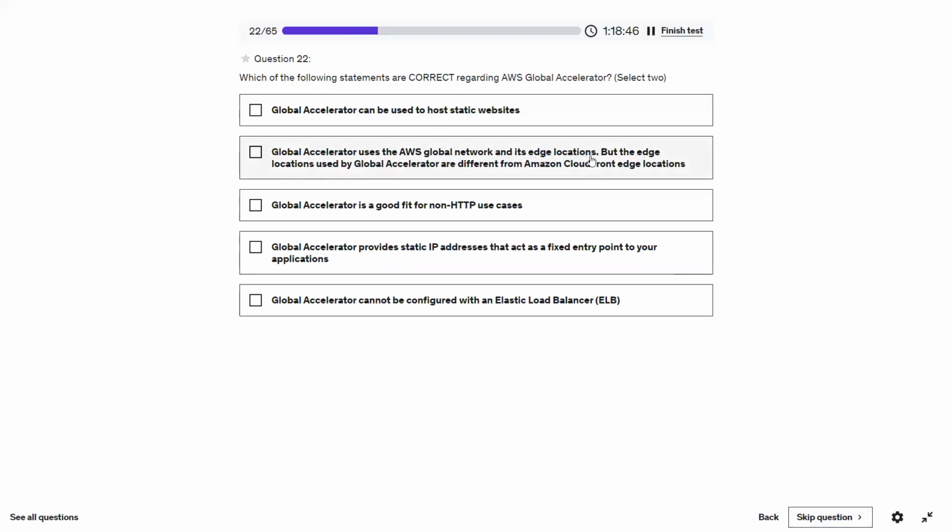Yes, they use edge locations, but the edge locations used by Global Accelerator are different from Amazon CloudFront? Wrong. Whatever CloudFront uses, the edge locations are the same. Global Accelerator is a good fit for non-HTTP use cases? Looks okay. Global Accelerator provides static IP addresses that can act as a fixed entry point to your application? Global Accelerator cannot be configured with routes? So these two look okay even if we go with elimination.